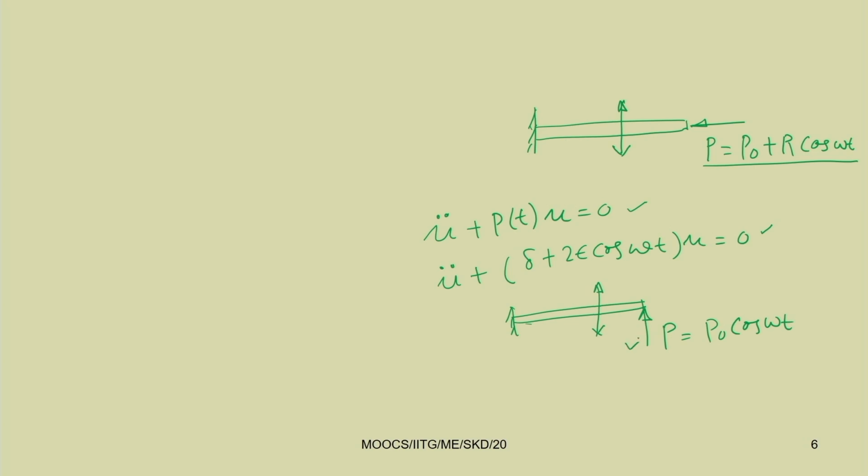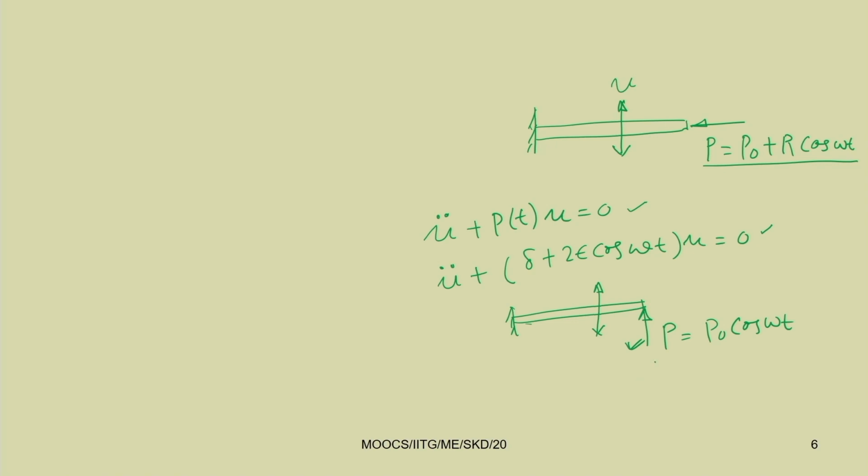Here the direction of force and the direction of response are the same, but in the parametric case the force is applied in the horizontal direction and the displacement is taking place in the transverse direction. This is the difference between the parametrically excited system and the direct force excited system in a physical sense.